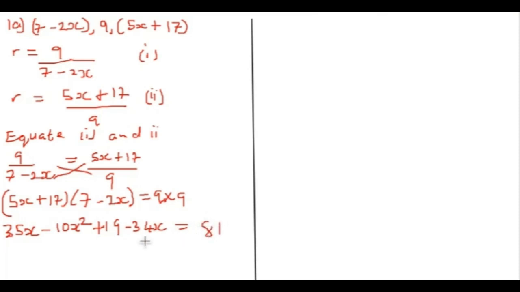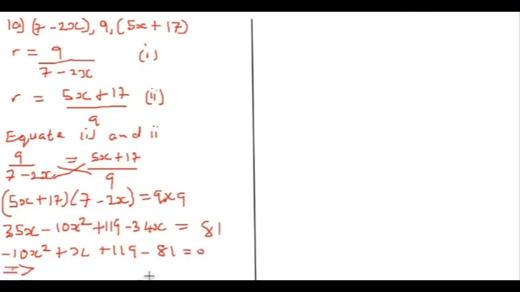So this equals 81. So we collect like terms. So this becomes minus 10x squared. 35x minus 34x gives us plus x. Then we have 119 minus 81 equals 0.